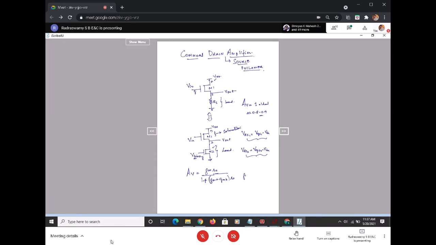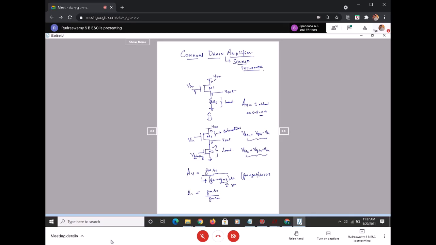For most cases, (gm plus gmb) R0 is very much greater than 1, and gmb is very much less compared to gm, so we are going to neglect that. It is gm R0.